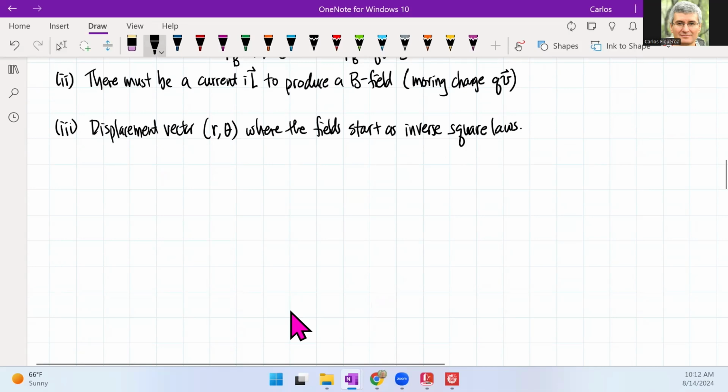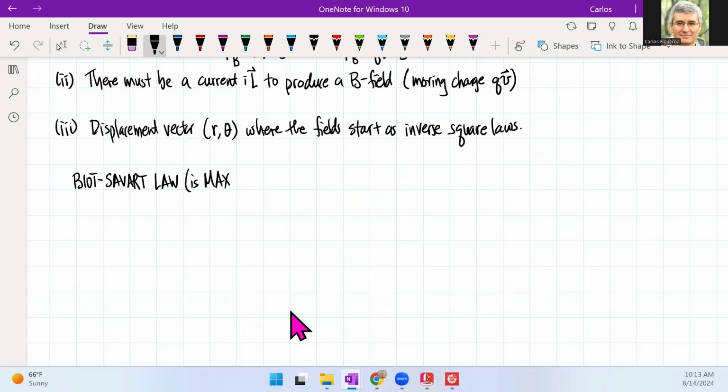So then the Biot-Savart law, which is also known as Maxwell's third equation, reads like this.